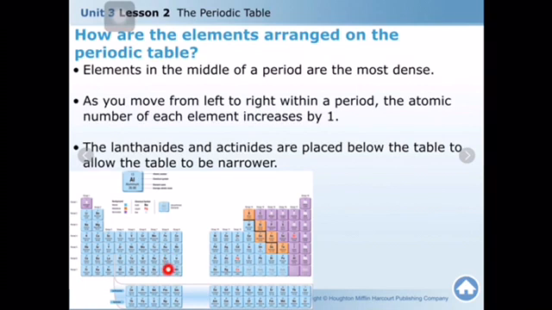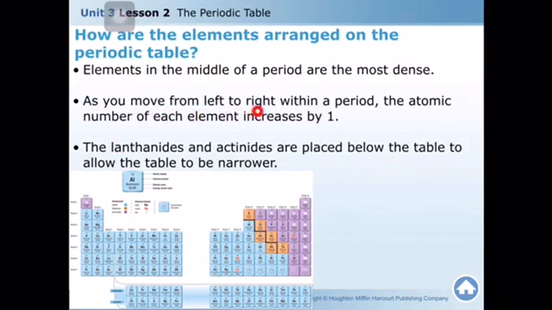In the middle of the period, the elements have the highest density. From left to right, the density increases till the middle of the periodic table.